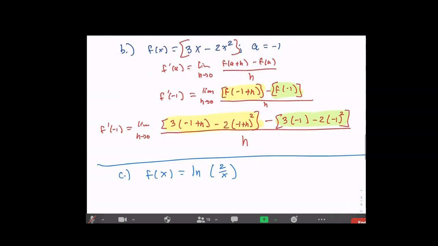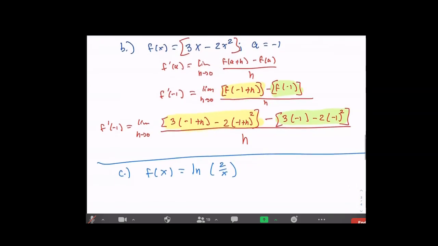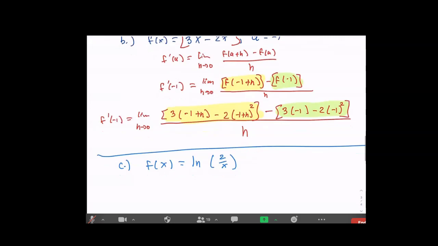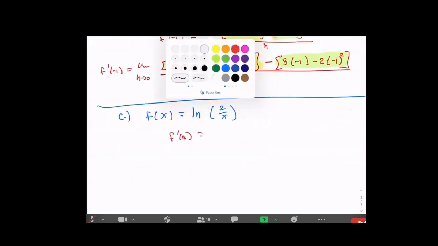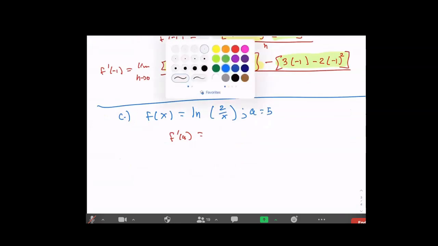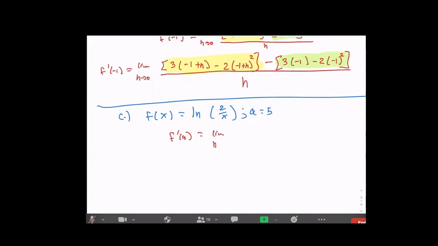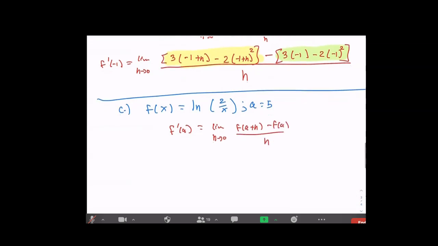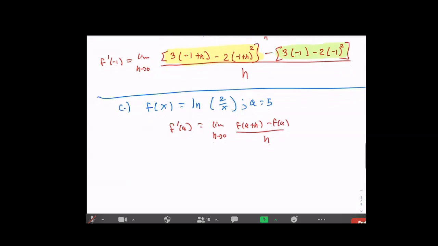All right, my formula, and we're going to find this at a equals 5. The limit as h approaches 0 of f of a plus h minus f of a all over h. Like I said, if you feel comfortable jumping directly to this part, I'm finding f prime of 5.